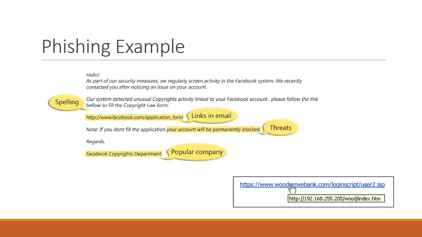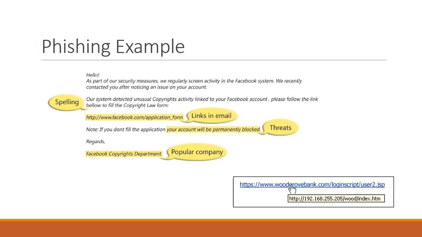All you need to do is take your mouse and hover over the top of the link. If you look at the example at the bottom right hand corner, this is what it will look like if you were to just move your mouse on top of the link without clicking on it. It will have a pop-up that shows you the actual link that you would be going to if you were to click on it.